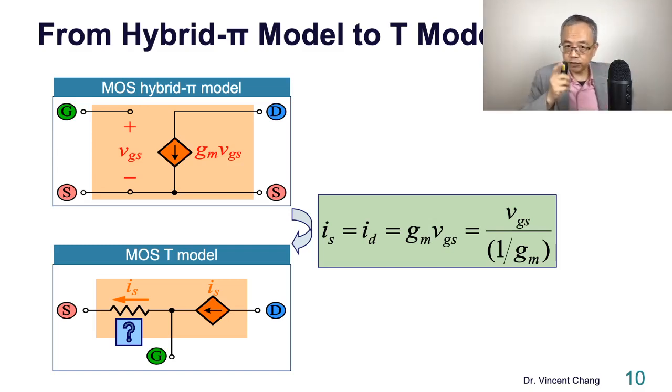The beginning tells you IS. The end tells you VGS over 1 over Gm. So it's simply a relationship from the most basic circuit theory around the world, Ohm's law. So based on this, what's the proper value for that question mark resistor?